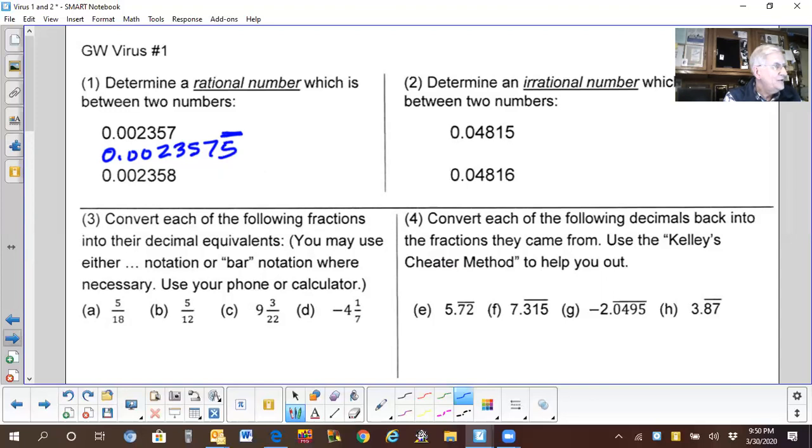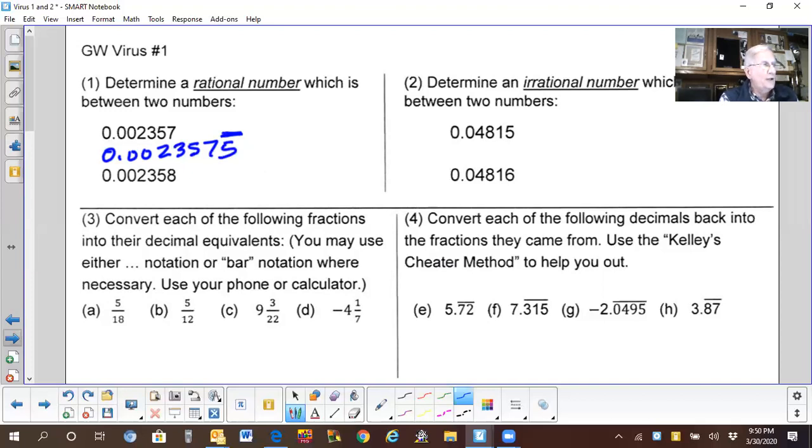So you could either put an answer which is a repeater or an answer which terminates just as long as it's between the two numbers that have been given. Remember, the simplest way to get that number between them is to take the two original numbers, divide them by 2, and write the answer down.